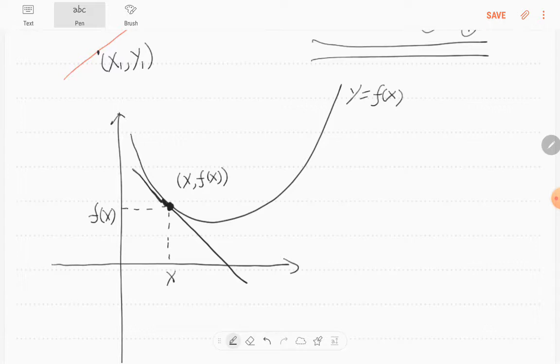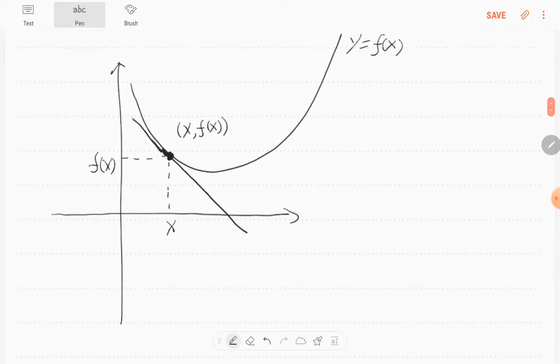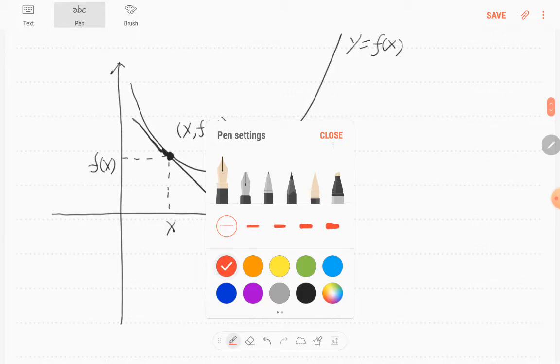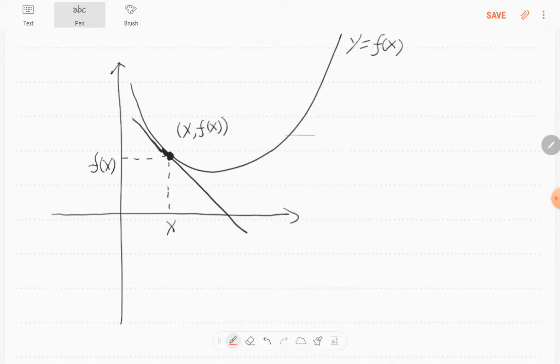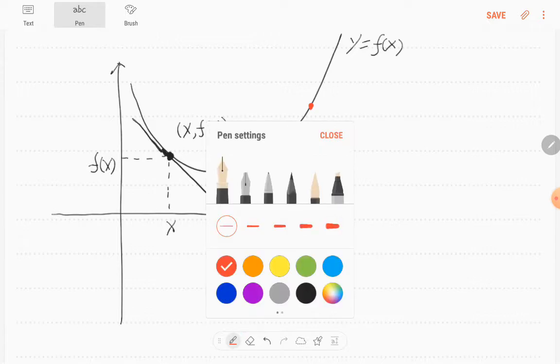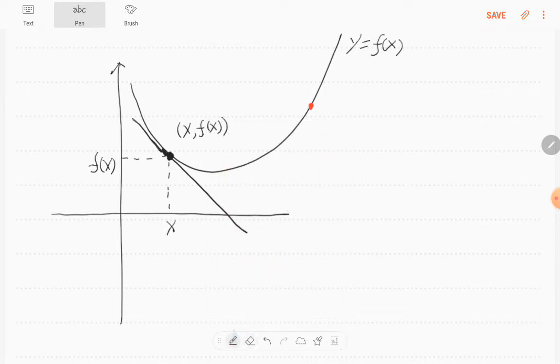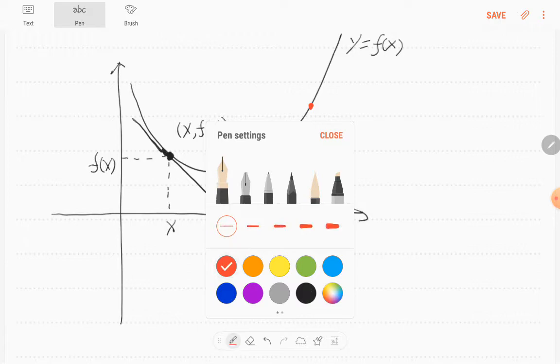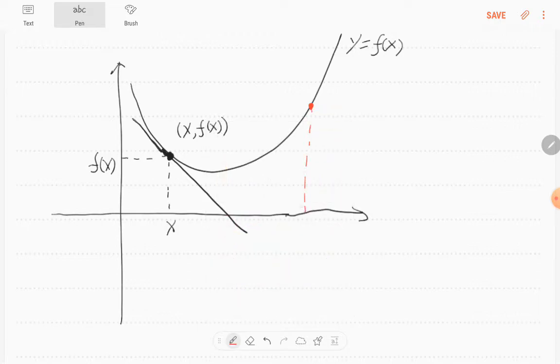So how to do that? We use the following way. We assume there is another point on the curve here. This point has x coordinate x plus h, so the y coordinate would be f of x plus h.